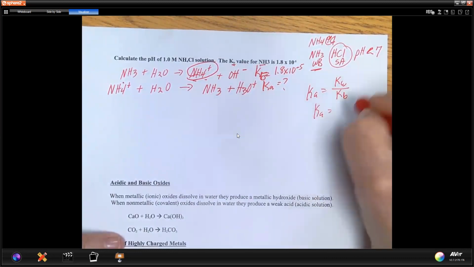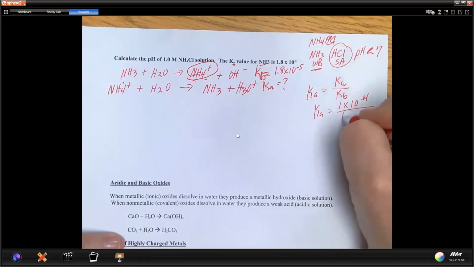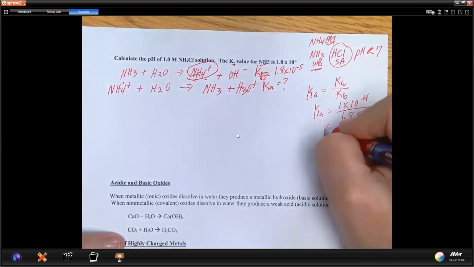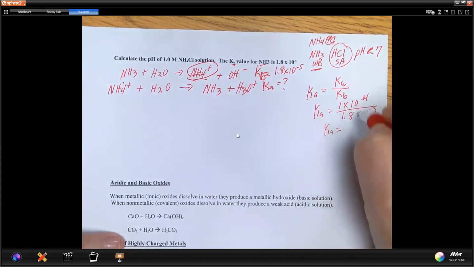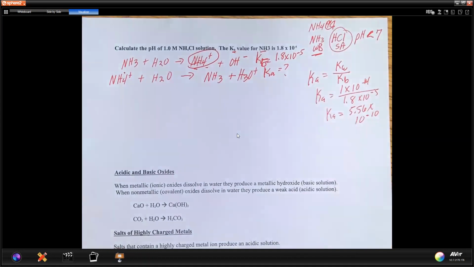So Ka is going to be equal to 1 times 10 to the negative 14 divided by 1.8 times 10 to the negative 5. And that gives me 5.56 times 10 to the negative 10. Once again, a really small Ka, so I should be able to not worry about my X on this one either, which is kind of the goal most of the time.